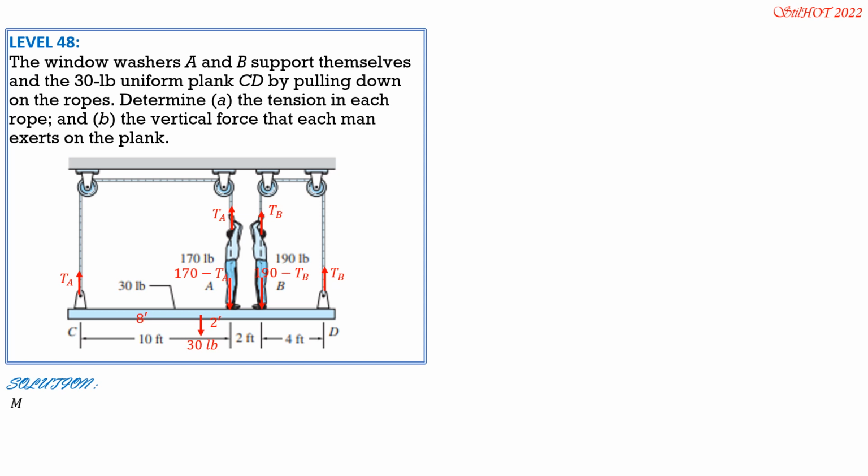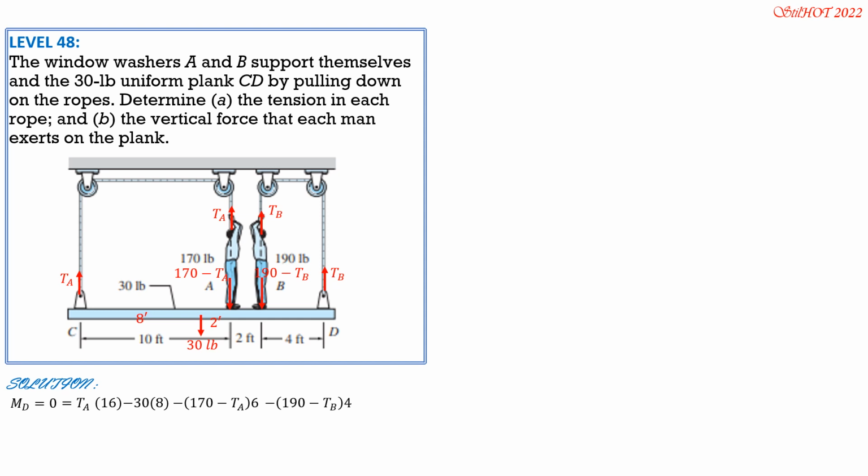So considering the plank, moment about D is 0, clockwise positive, so we have 0 equals T_A times 16, then minus 30 times 8, minus the quantity 170 minus T_A times 6, then minus the quantity 190 minus T_B times 4.